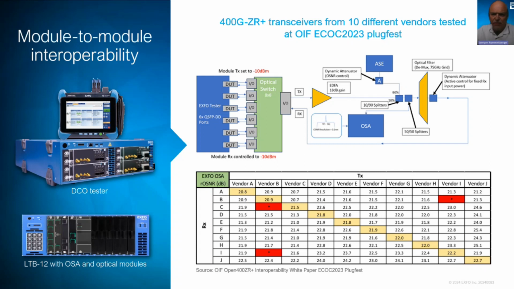So that means the obtained parameter was the ROSNR, so the required optical signal-to-noise ratio at the receiver. And this was then used as the performance metric. And the whole process was measured between each TX and RX combination.